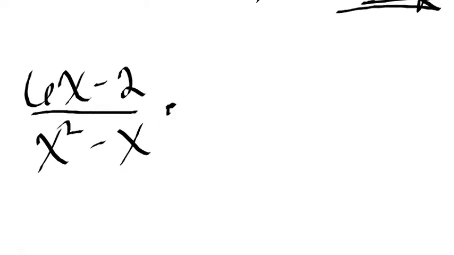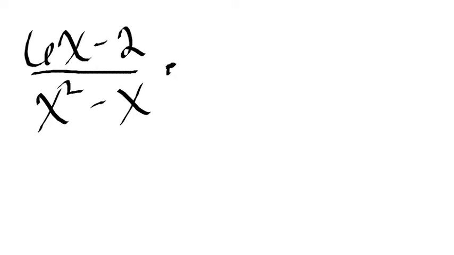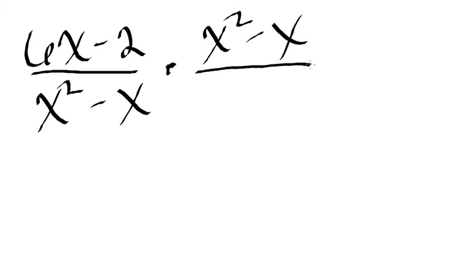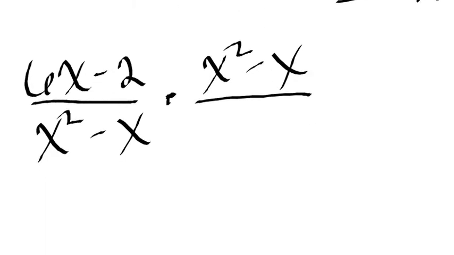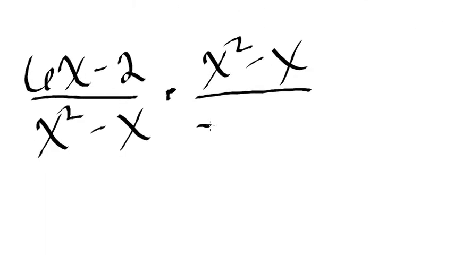We're going to flip it now. So don't flip out on me. x squared minus x over negative 2x minus 1. Yikes. All right, let's take a look here.